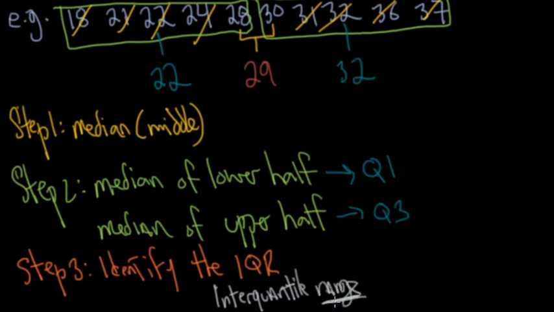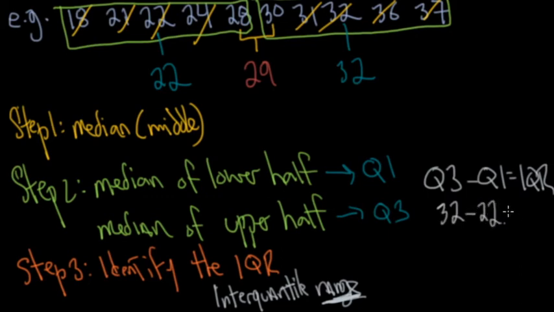Again, range, so we're looking at subtracting, basically. So you're doing Q3 minus Q1, and that will equal your IQR. That seems really complicated when I write that on the screen, but hopefully you know it's not too bad. The actual math behind that is just 32 minus 22. So that gives us an interquartile range of 10. So our IQR is 10.